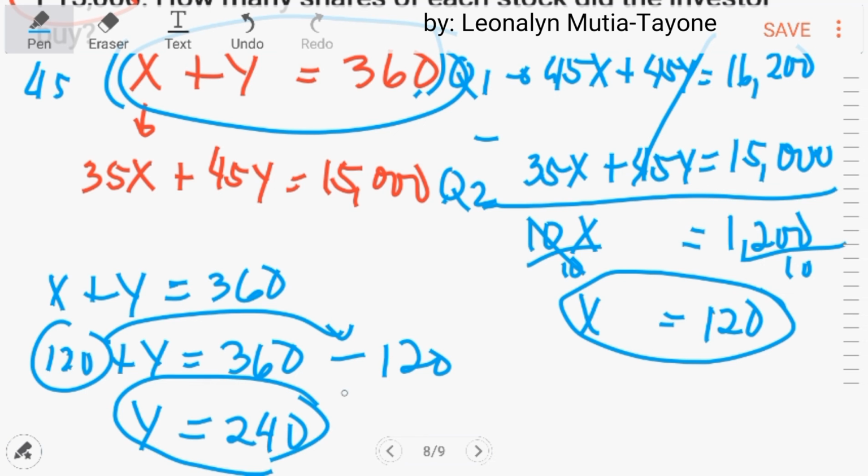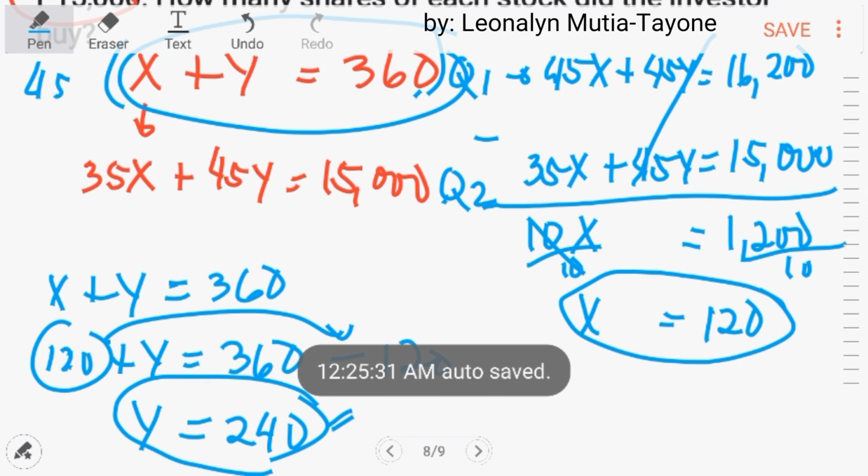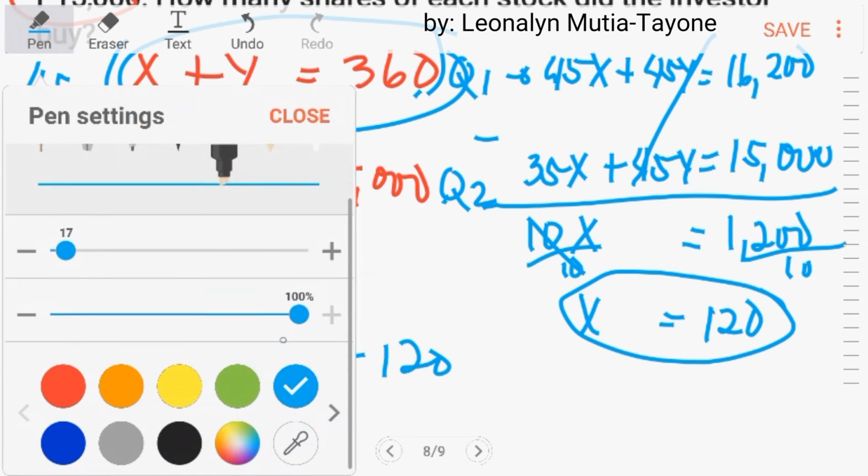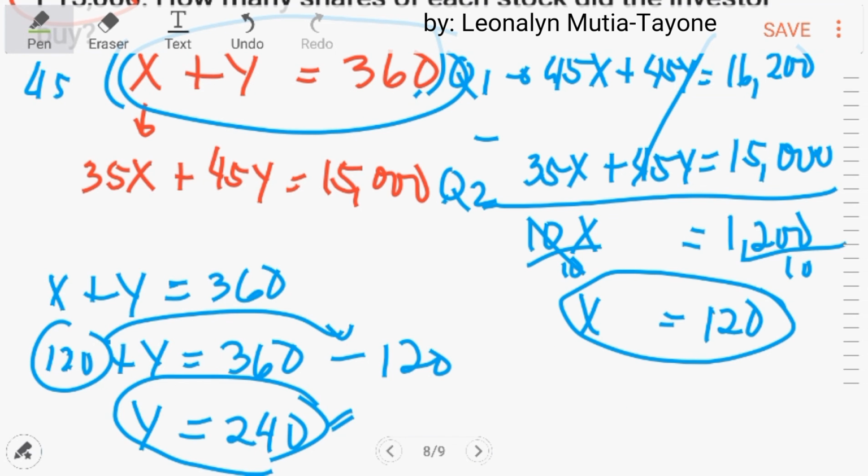So, ang value ng y is 240. To double check, gawa tayo ng ibang kulay para mas klaro lang. The value of x is 120 plus value ng y is 240. 120 plus 240, and that is 360.